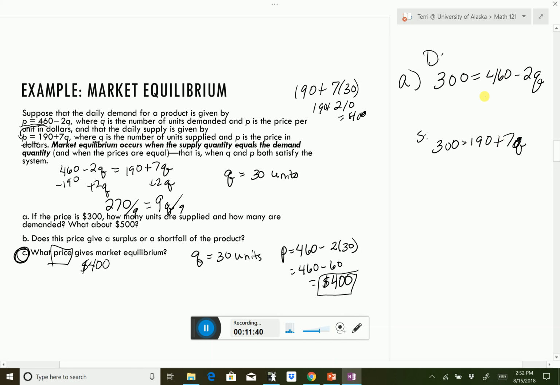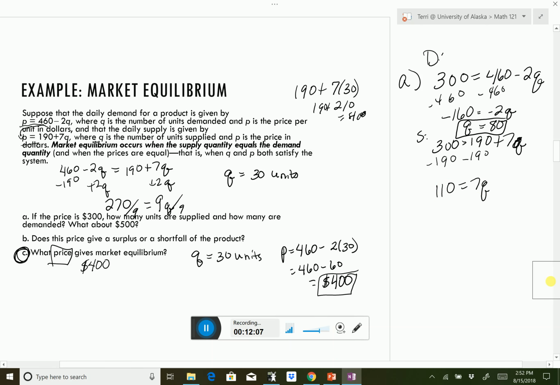So let's figure this out. Minus 460, so this is negative 160 equals negative 2Q. So this quantity demanded would be 80 units. So 80 units would be demanded. But how many would be supplied? Minus 190 on both sides. So that's 110 equals 7Q.